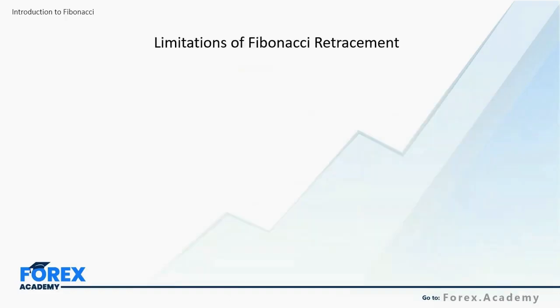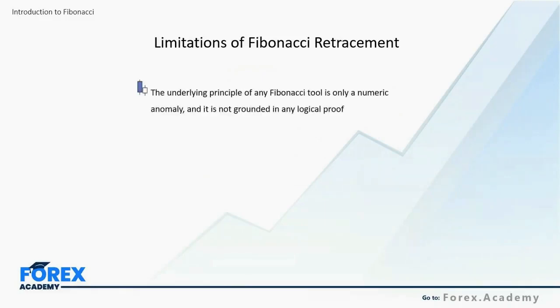And that leads us nicely on then to discussing the limitations of Fibonacci retracement as a technical indicator. The underlying principle of any Fibonacci tool is only a numeric anomaly and is not grounded in any logical proof. And that is a very important point to make there, guys, okay? Just like any other indicator, the Fibonacci retracement is not a standalone signal that we can use for trading decisions.